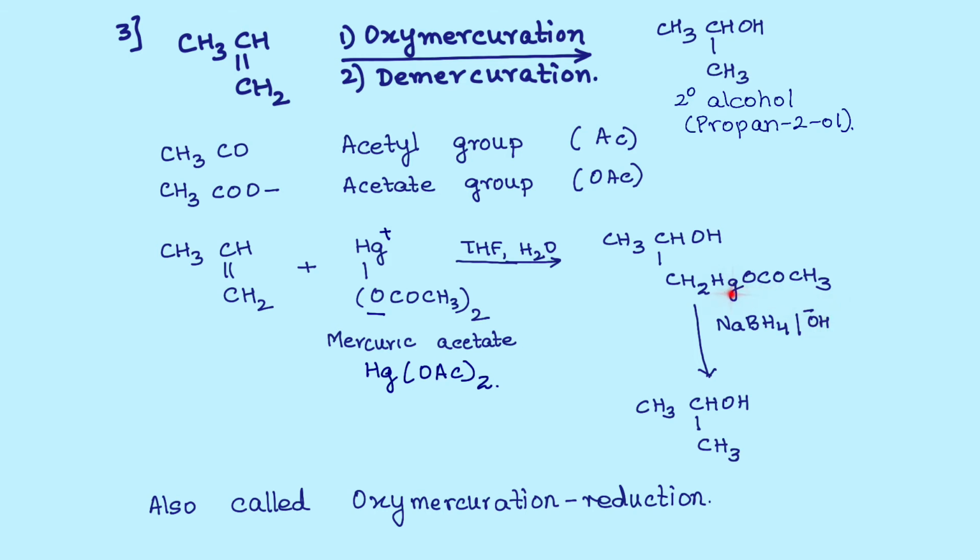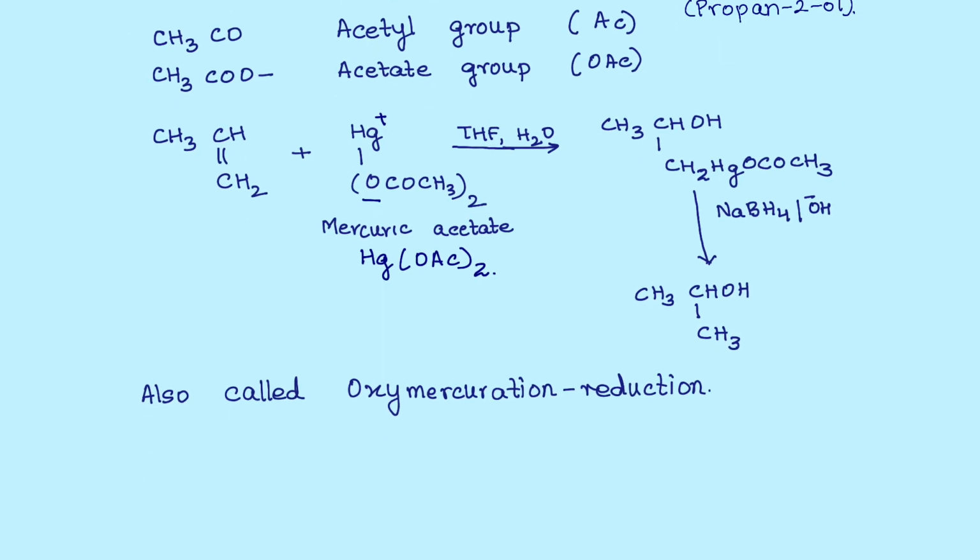So what happens over here is the mercuric acetate bit disappears, replaced by hydrogen, and we'll have of course gotten CH3COOH from here as one of the side products. Again, as I said, you can always write the reaction in one step like this, writing the first step as the reaction with mercuric acetate in tetrahydrofuran and water, followed by reduction.